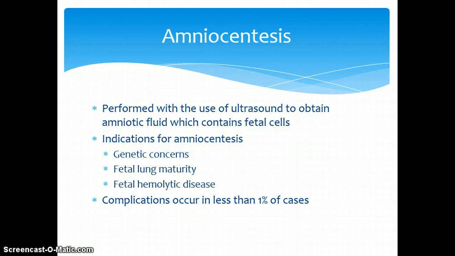It can be done to determine fetal lung maturity, and that's typically done in the late third trimester. It can also give us an indication of fetal hemolytic disease, especially with isoimmunization. Complications related to amniocentesis occur in less than 1% of cases. You can see on figure 9.8 an amniocentesis being done in a healthcare facility.